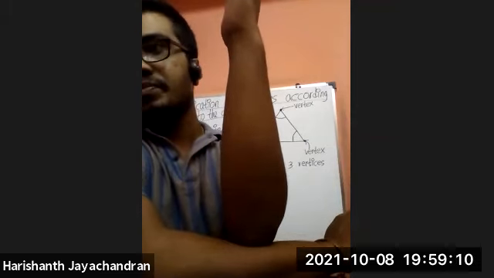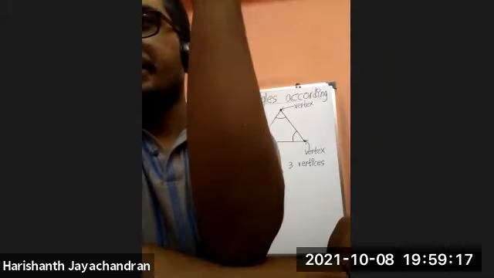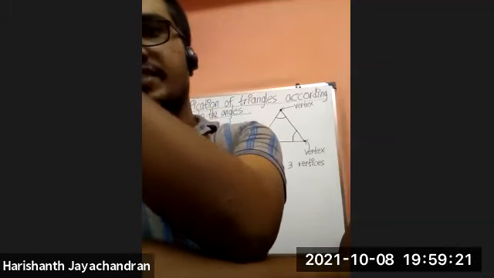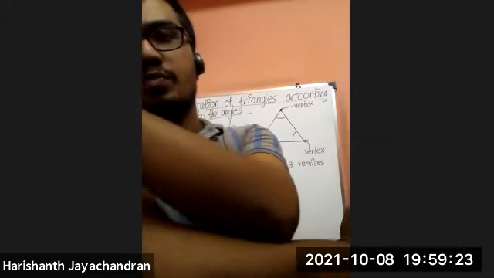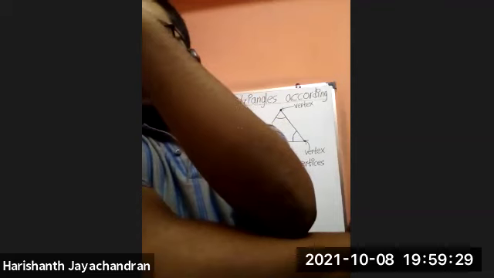In this L shape, guys, if I take an angle which is less than 90, you can refer to the angle at this particular vertex, right?